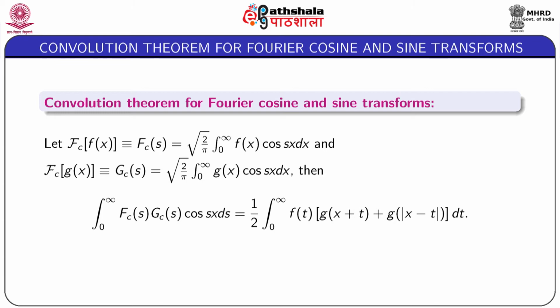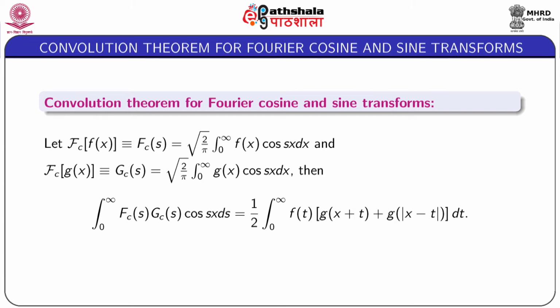Let curl Fc of f(x) denote the Fourier cosine transform of small f(x), also denoted by capital FCS, defined as root over 2 by pi integral 0 to infinity f(x) cos sx dx, and capital Fc of g(x), denoted by capital GCS, is equal to root over 2 by pi integral 0 to infinity g(x) cos sx dx.